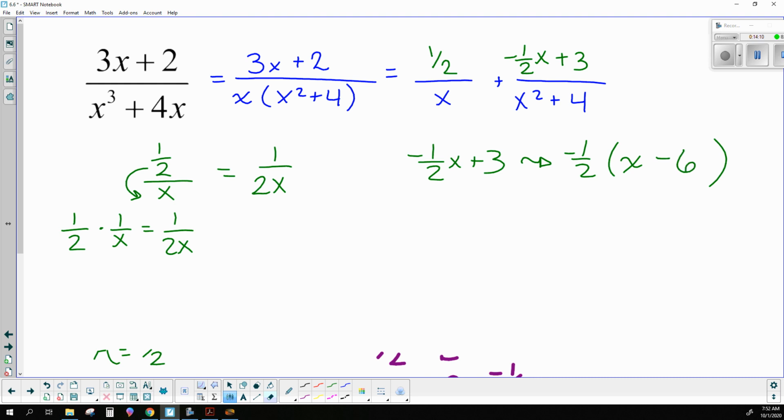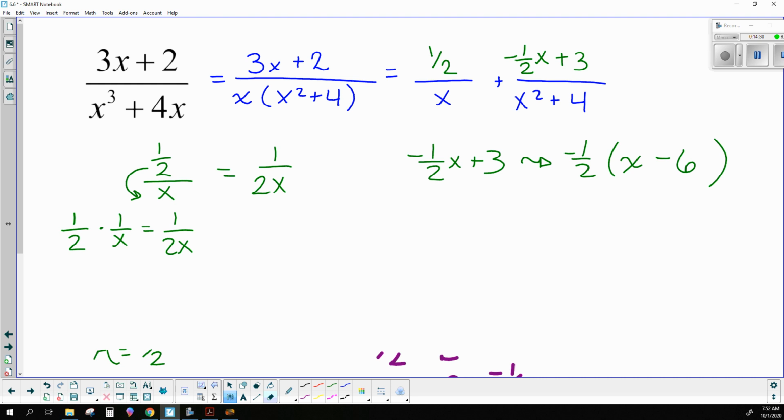Because I'm dividing by half. Half divided by half is 1. 3 divided by half is 6. Remember, when you divide by a fraction, your number gets larger.